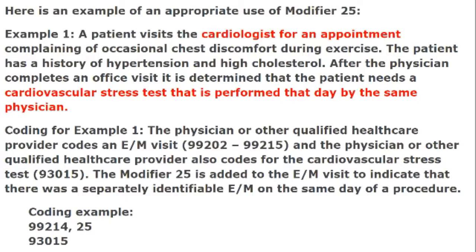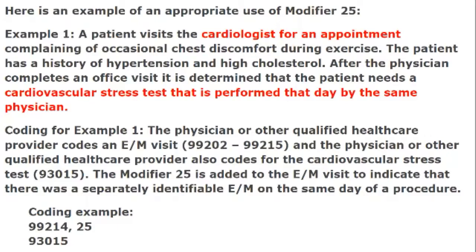After the physician completes the office visit, it is determined that the patient needs a cardiovascular stress test that is performed that day by the same physician. If the cardiologist has the equipment, it's performed at the office.